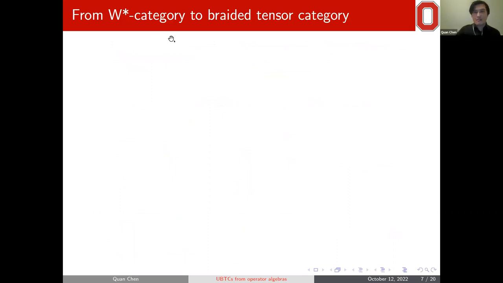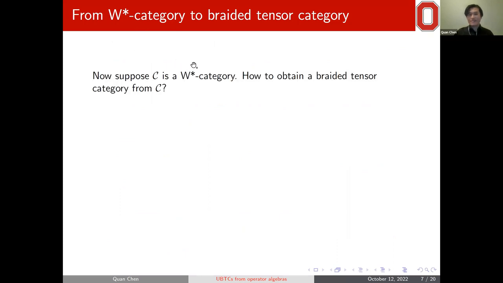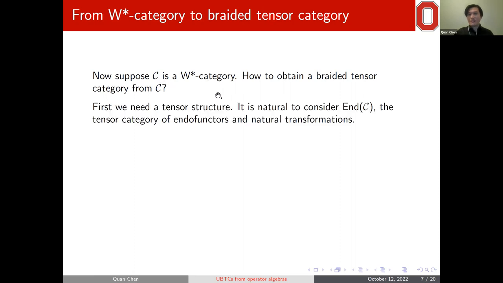And now I'm going to talk about how we get a braided tensor category from a single W star category. So suppose C is a W star category.